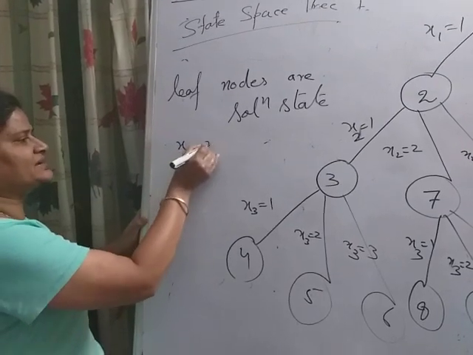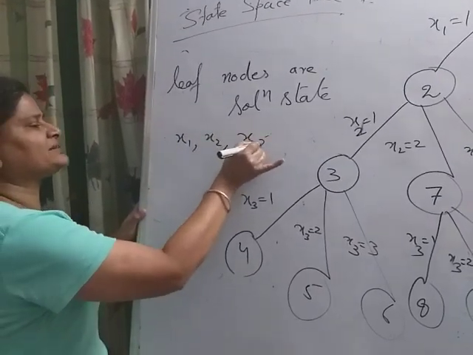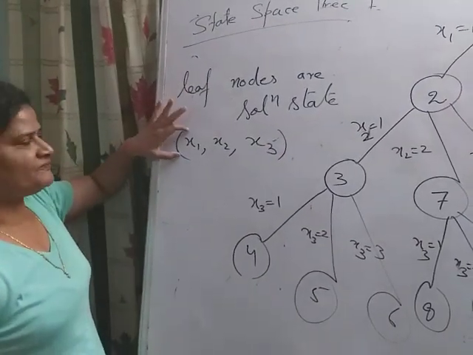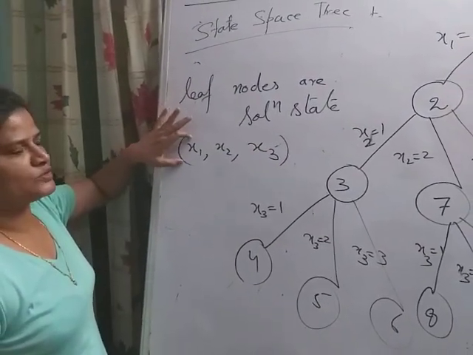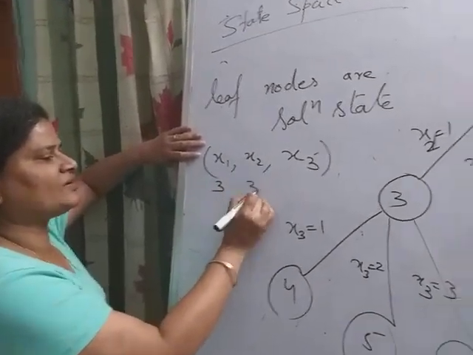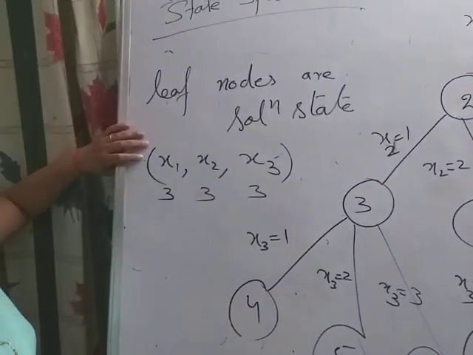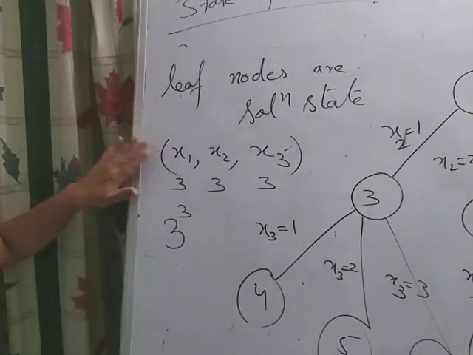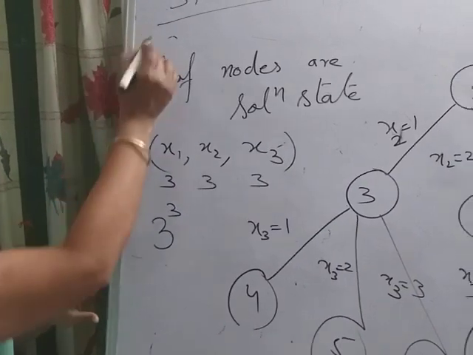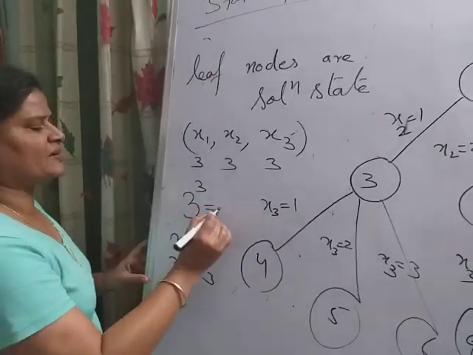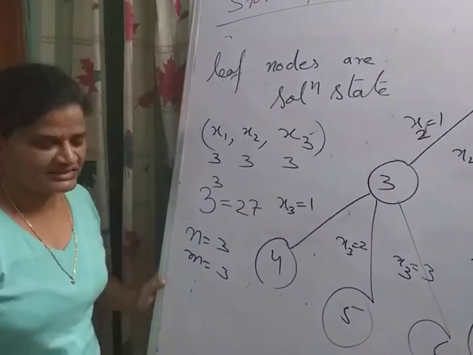So the solution vector contains a 3-tuple, and for the first node how many options? 3 options. For the second, 3 options. For the third, 3 options. So the total size of the solution space for this particular instance where n equal to 3 and m equal to 3 is 3 to the power 3, that is 27.